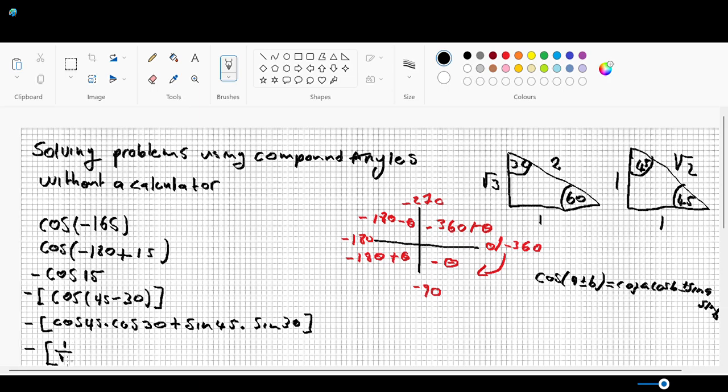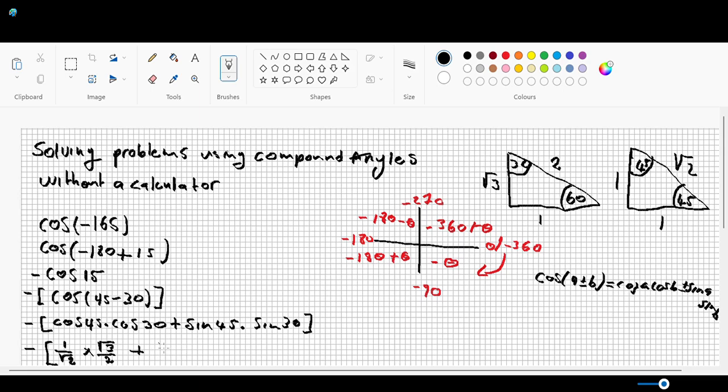Adjacent is 1 and our hypotenuse is square root 2. Then we multiply. And then what is our cos 30? Our cos 30 is adjacent over hypotenuse. Now our adjacent is square root 3 over 2. Alright, then we add, because there is an addition here.